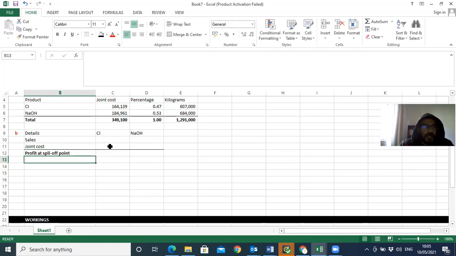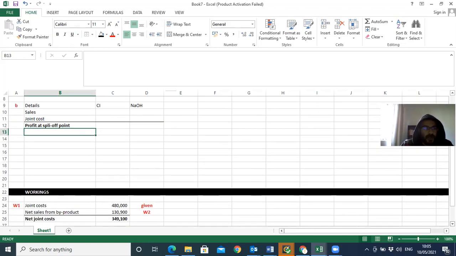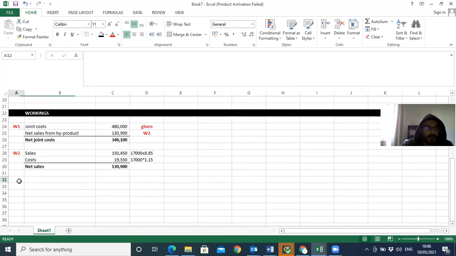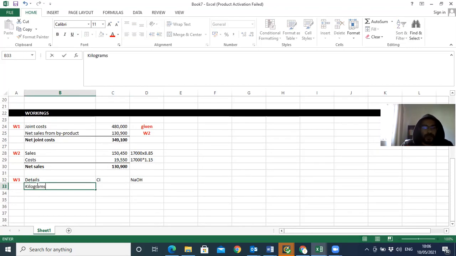Now we can work out the sales. So let's work out working 3. For working 3, details, and we're going to have chlorine and NaOH. To get the sales figure, we're going to need kilograms, like the units, and we're going to need selling price per kilogram.